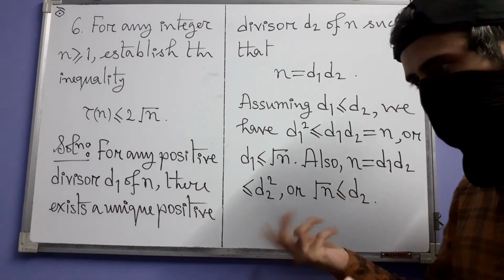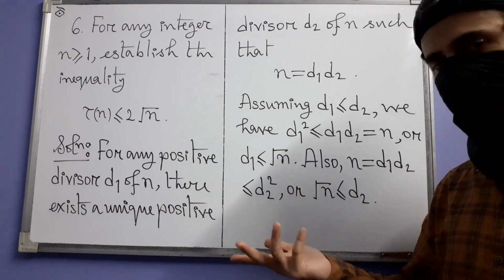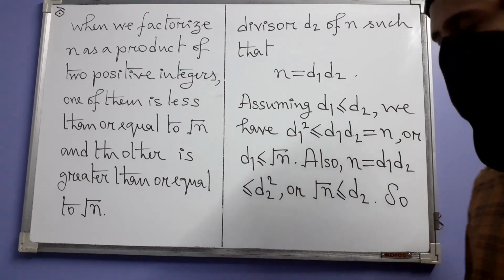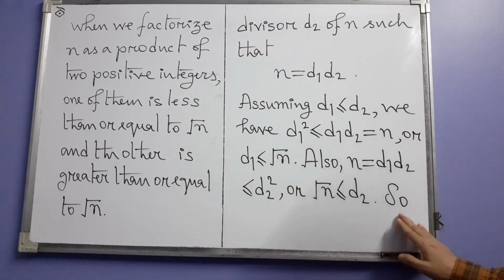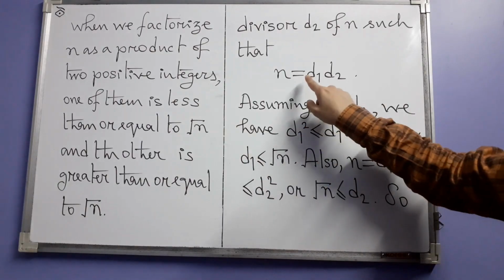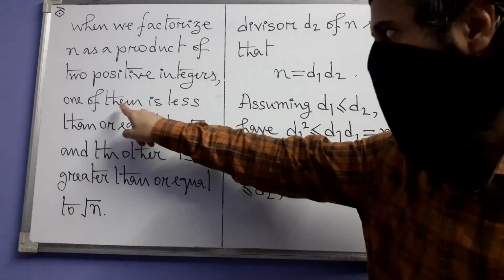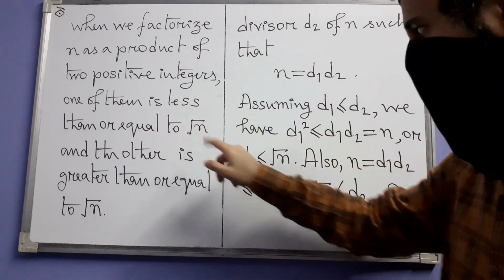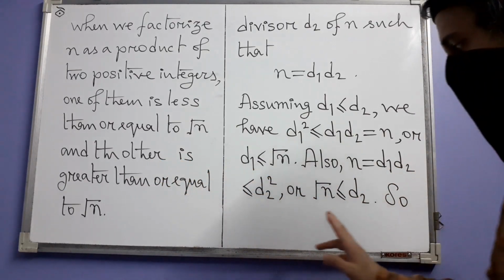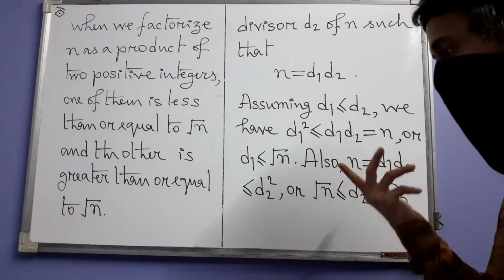Now we are going to use this information to next say something. Okay, so before we can use this observation, let's just write it down like this. So when we factorize n as a product of two positive integers d1 d2, one of them is less than or equal to root n, like this d1, and the other is greater than or equal to root n, like this d2.